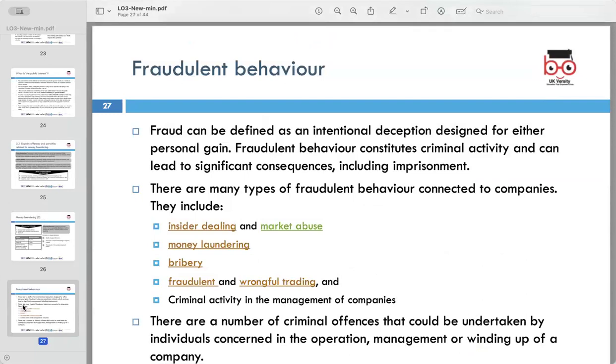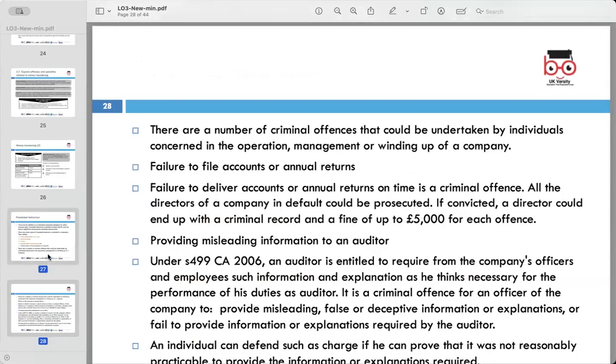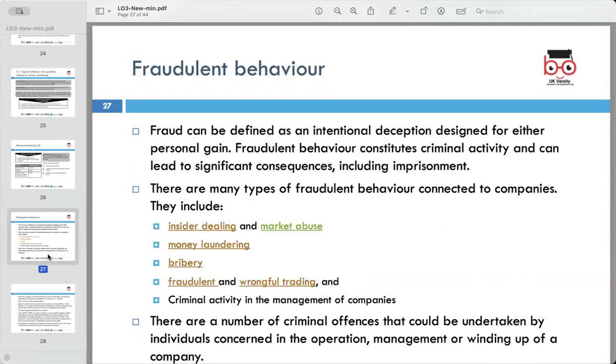Next is understanding fraudulent behavior. Fraud includes intentional deception conducted for personal gain, constituting criminal activity with severe consequences, including imprisonment.